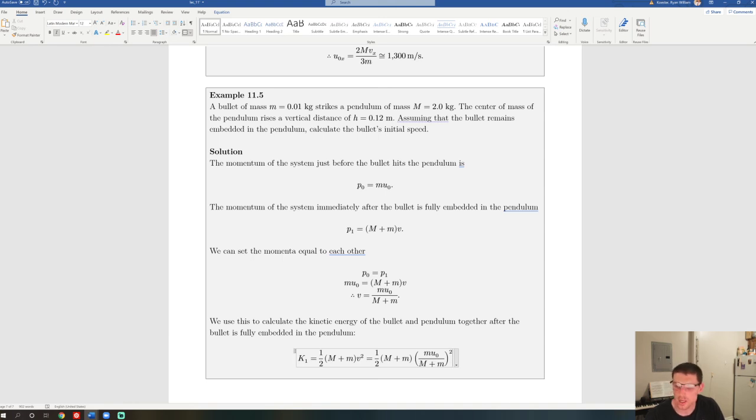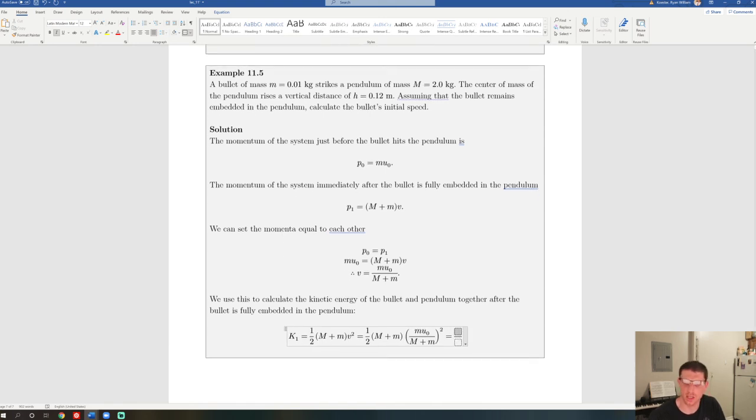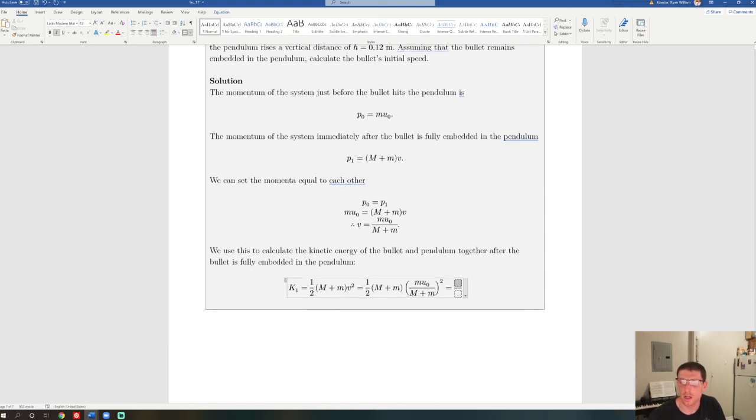Although actually I don't think I need to, because we see that a factor of the sum of the masses cancels, right? And it looks like it should just be, I'll double check this, because I don't want to do bad algebra, m squared u naught squared over 2 times big M plus little m, right?